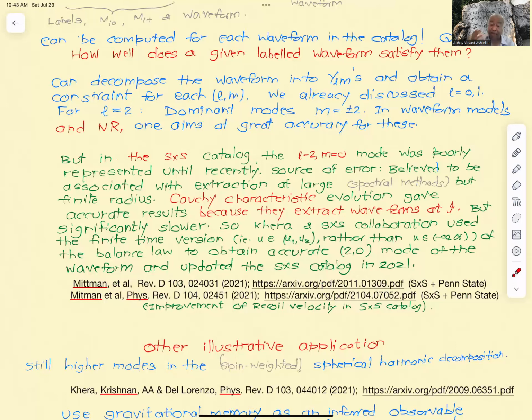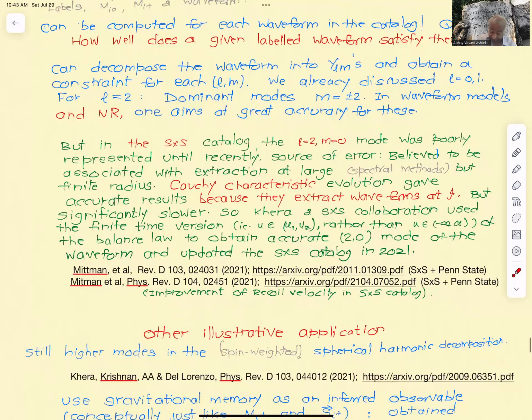So this balance law was concretely used in numerical relativity to improve the waveform model, particularly for the L equal to 2, M equal to 0 mode. And in the second paper, the same people improved the recoil velocity in the SXS catalog, again because the higher modes were not properly treated. So the balance law showed them how to correct it, and that has been corrected.